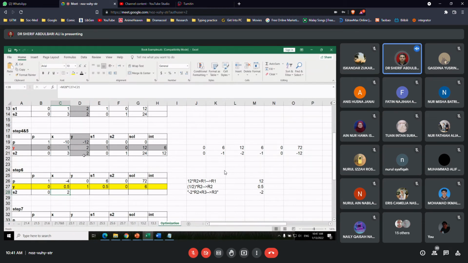And 2 plus the value of negative 2 here, so the answer will be equal to 0. And 0 minus the value here, so the answer here will be equal to 1. And 1 with the value here, you are going to get 1. And 24, you are going to get the value of 12. Okay, so don't make this one negative. This one is 2.